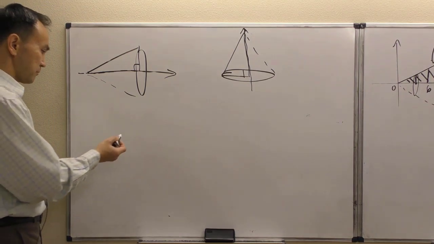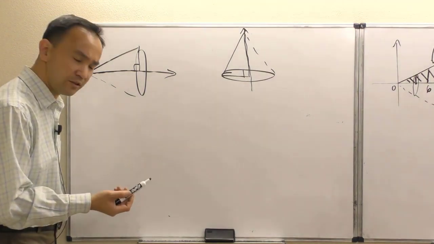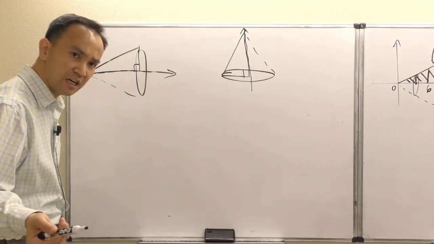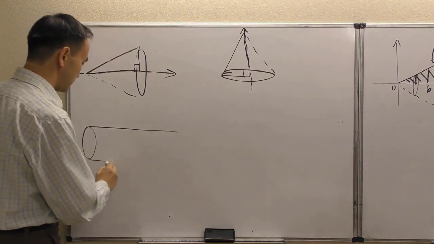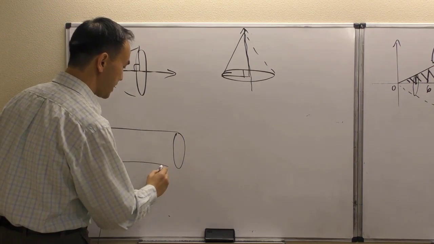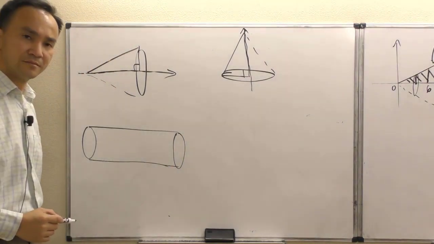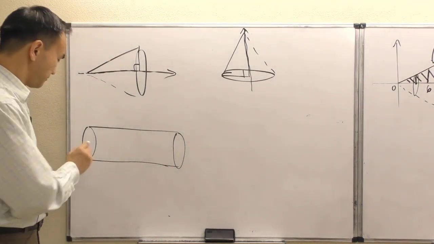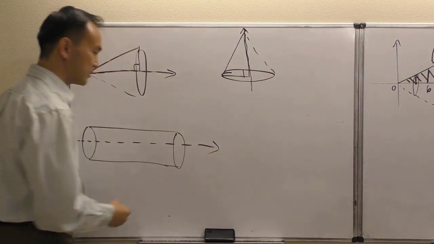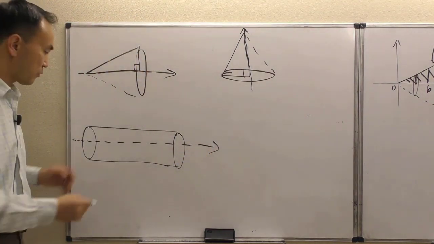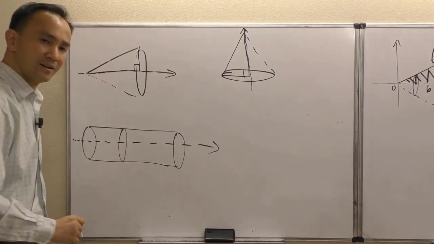Cylinder, a very common shape in our daily life. A pipe shape, or a cylinder. You can imagine that we put the rotation axis right through the center of the cross section here.